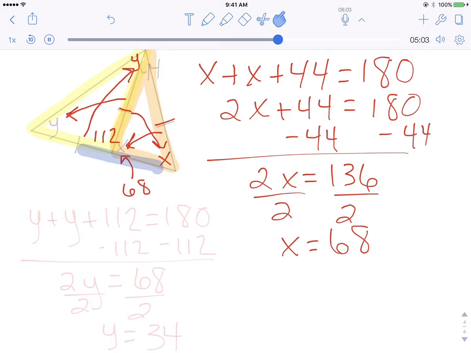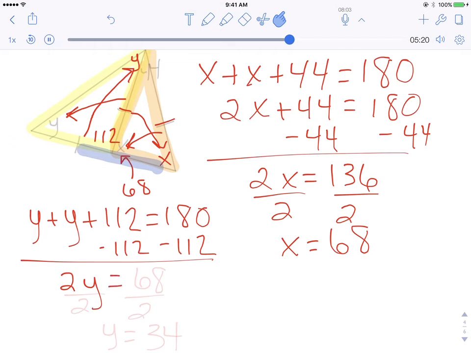Now we can solve for our missing value of y in our yellow triangle. y plus y plus 112 equals 180. Subtract 112 from both sides. So I have 2y equals 68. Divide by 2, and y equals 34.